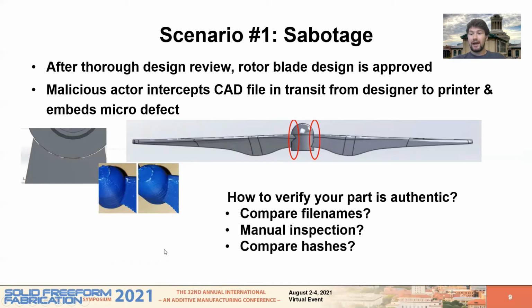And you could compare the hashes, the cryptographic hash between the 2 files. This is a common way to assess data integrity in a lot of software domains. But the question is, where do you store that hash of that verified file? Do you store it in an Excel spreadsheet or in a centralized database?